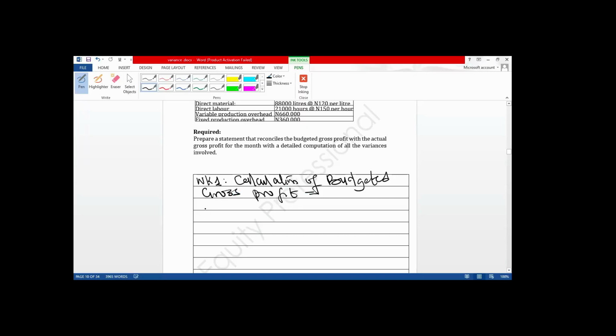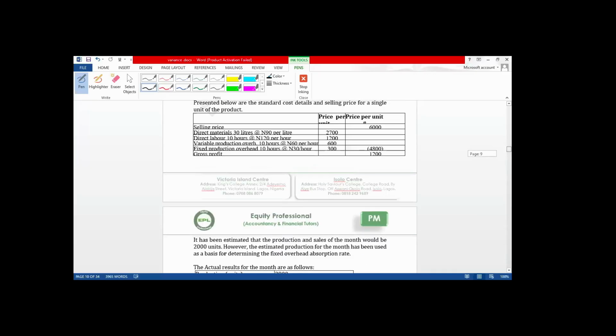This is equal to budgeted sales units multiplied by standard profit. If you go back to the question, the company has estimated that the production and sales for the month is 2,000 units.